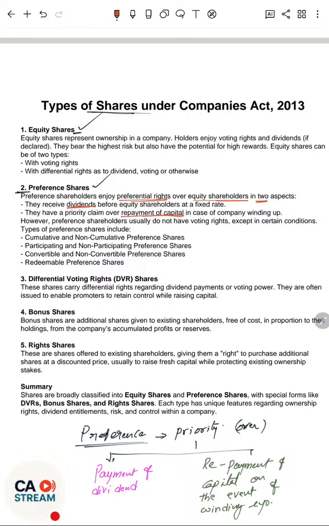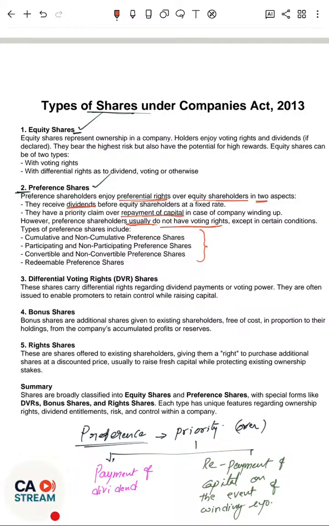Now, in preferential shareholders also, there are types. But before that, preferential shareholders usually do not have voting rights, sir. Usually means sometimes the preferential shareholders will also get their voting right. When will they get it?